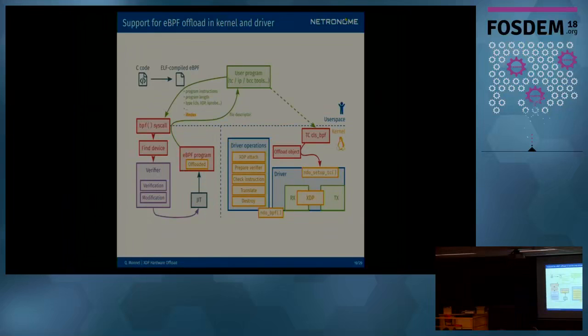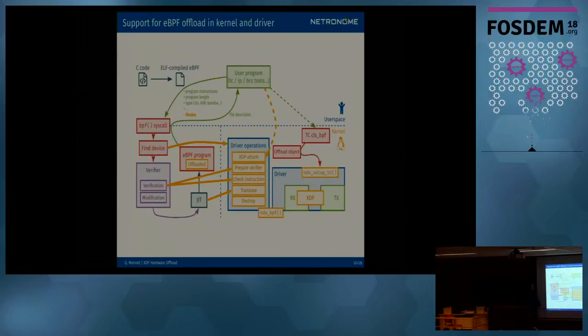So we have those operations made available with the BPF NDO. And what happens is that when the program is offloaded, the kernel will first try to find, from the IF index, for which device the program is to be offloaded, and to get the list of those operations.